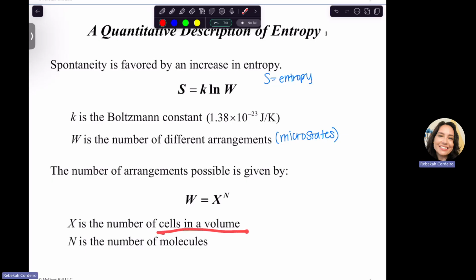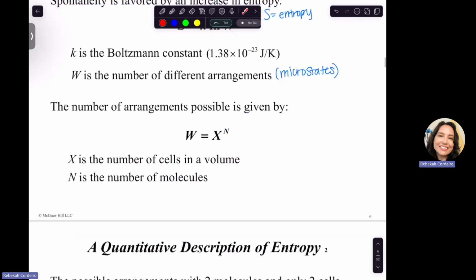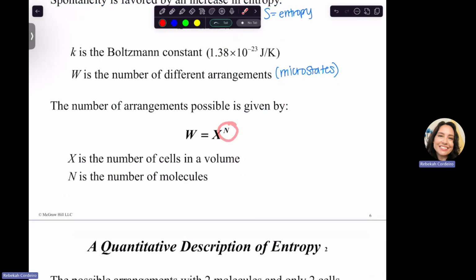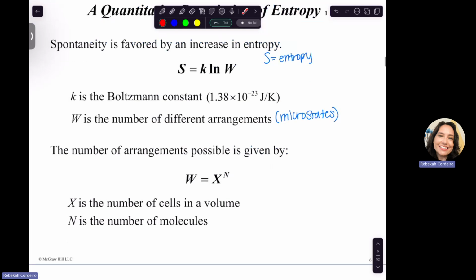So what I mean by how many cells in a volume, like how many, so this would be 2 cells versus 1 cell in a space. And then N is the number of molecules. Never mind. That's opposite here. So let me come back to you with this, but we'll talk about it.